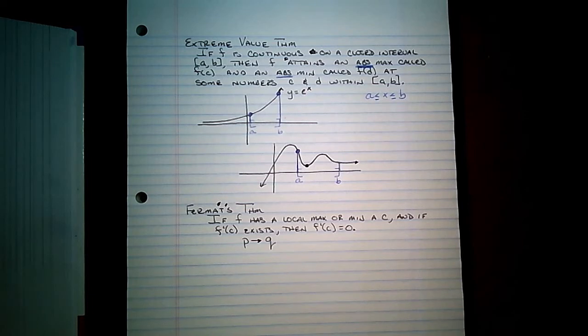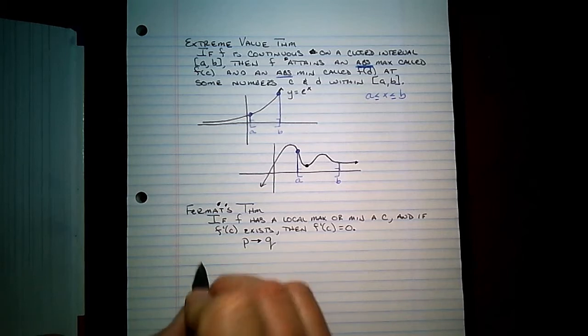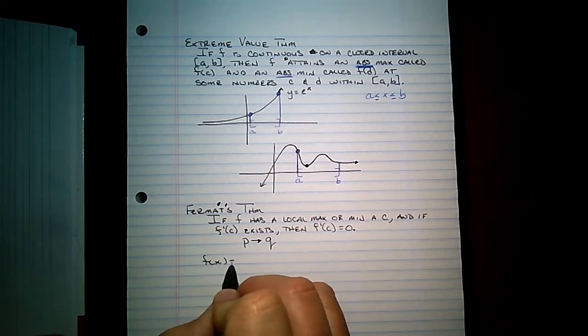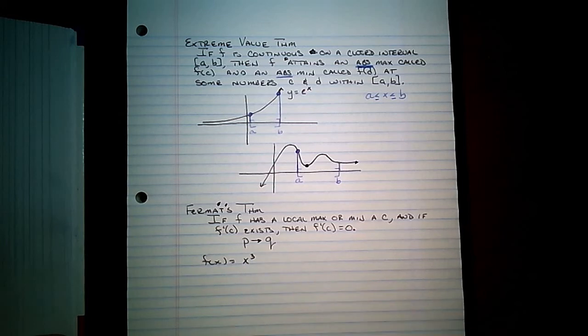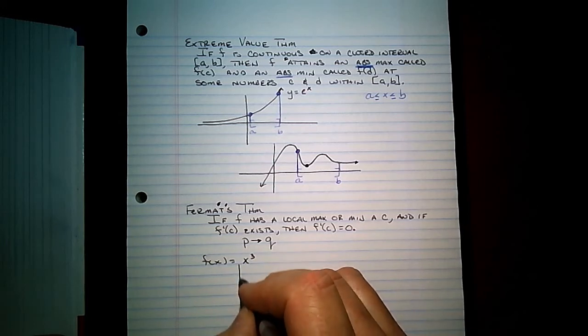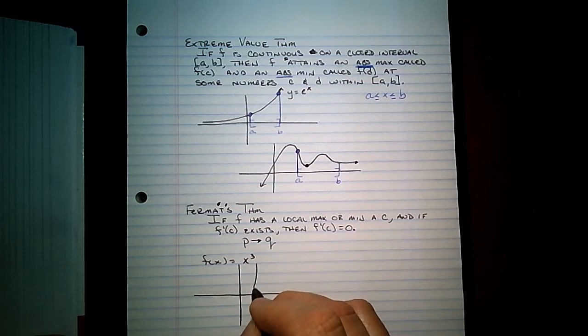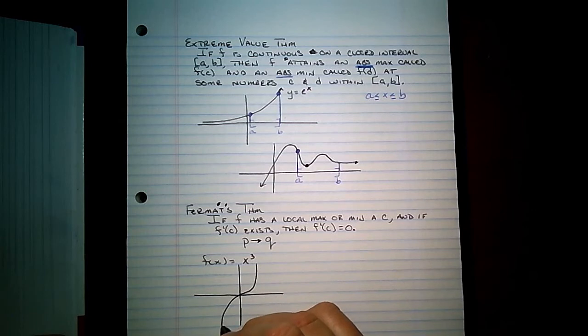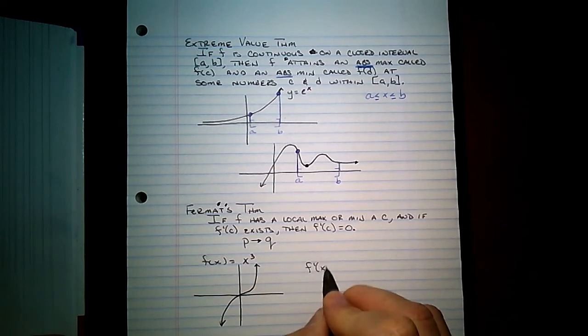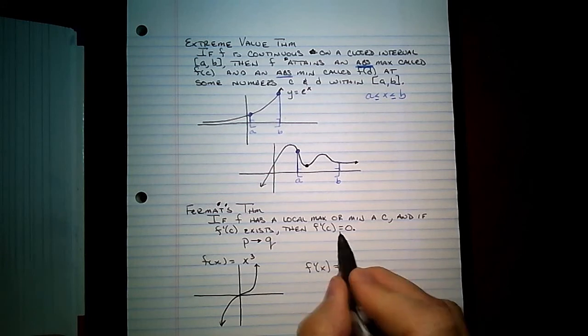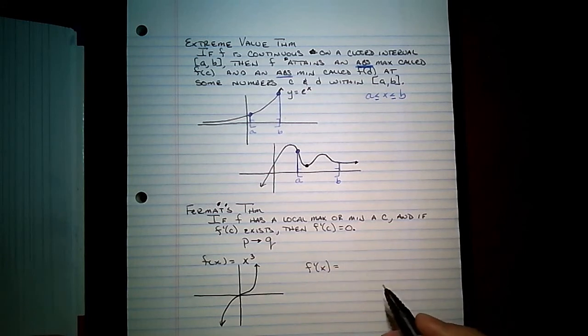It also has a couple of built-in problems. If you look at this function, we all know what this function looks like. This function comes down here, and then it goes like this, and then it goes like this. And if we take the derivative of that, which is what a lot of us want to do, we read this, and I'm just going to take the derivative and set equal to 0. That's the magic spot. No, it's not.